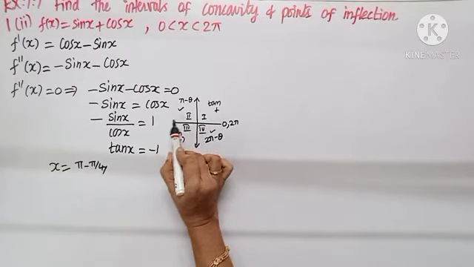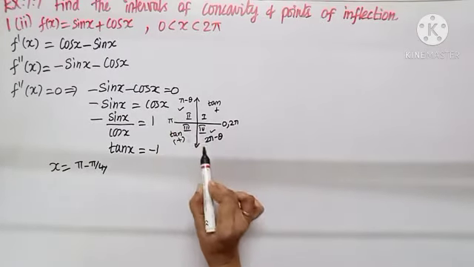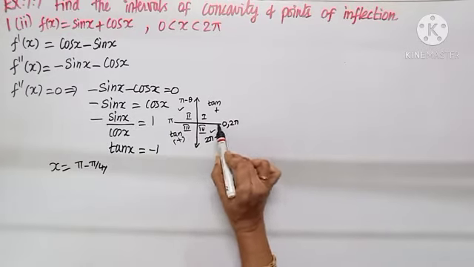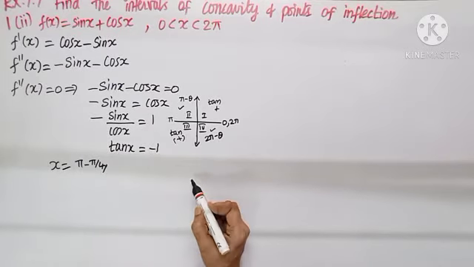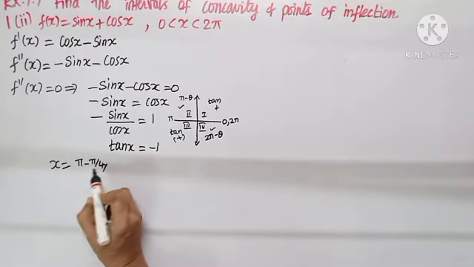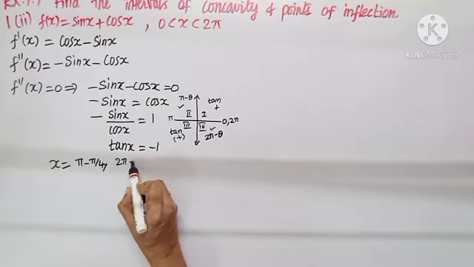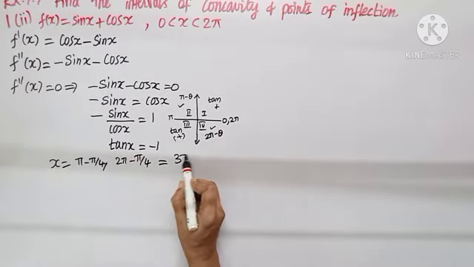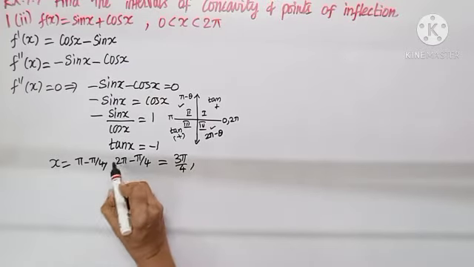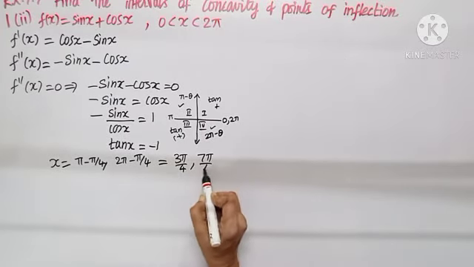So second quadrant is pi minus theta, fourth quadrant is 2 pi minus theta. When tan is plus 1, it is pi by 4. Minus 1 tells me pi minus pi by 4 or 2 pi minus pi by 4. 4 pi minus pi, 3 pi by 4. 8 pi minus pi, 7 pi by 4.